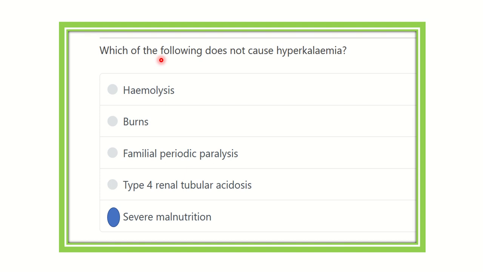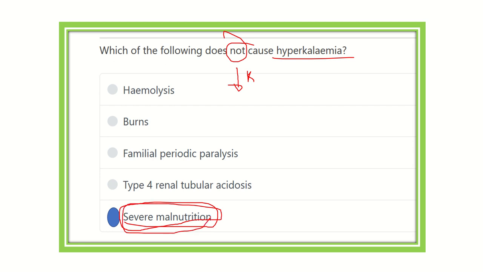So here our option is ready, which does not cause hyperkalemia, that means which is responsible for decreased blood potassium level. It is severe malnutrition, because in malnutrition all types of blood parameters usually reduce.